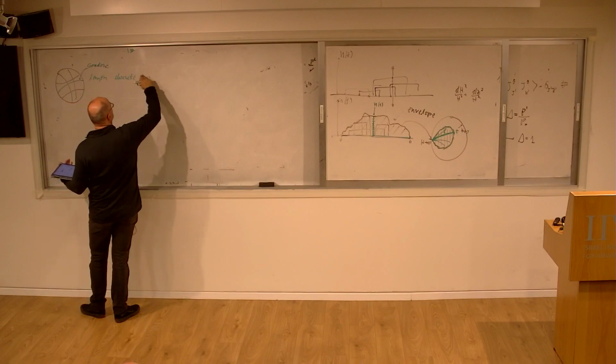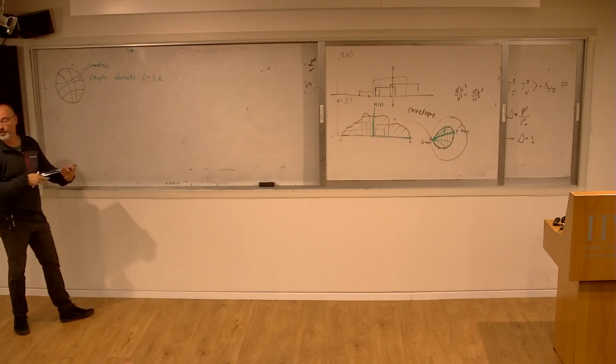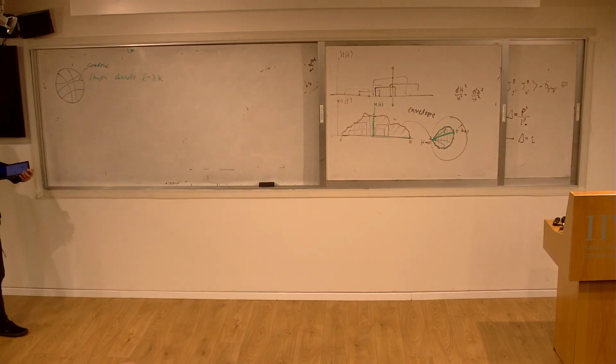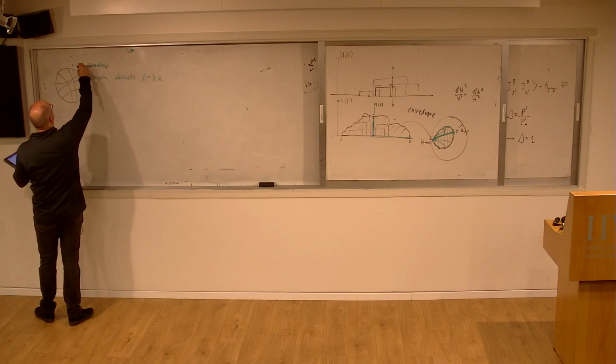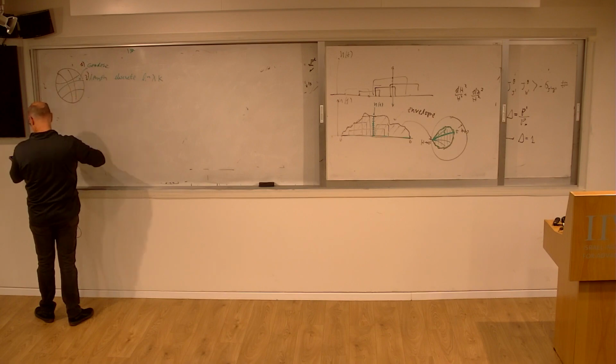So L equals lambda times the number of chords that intersected. And I want to make this a little bit more substantial.